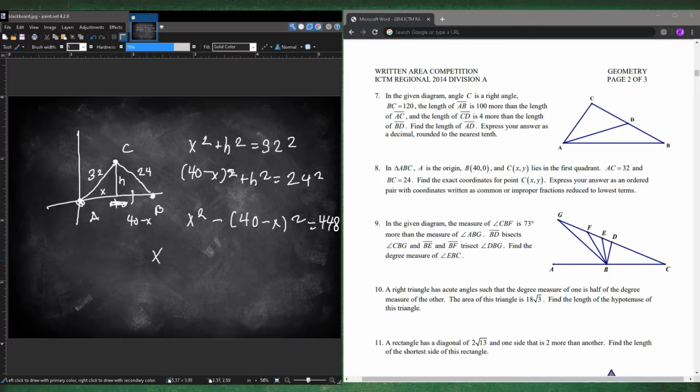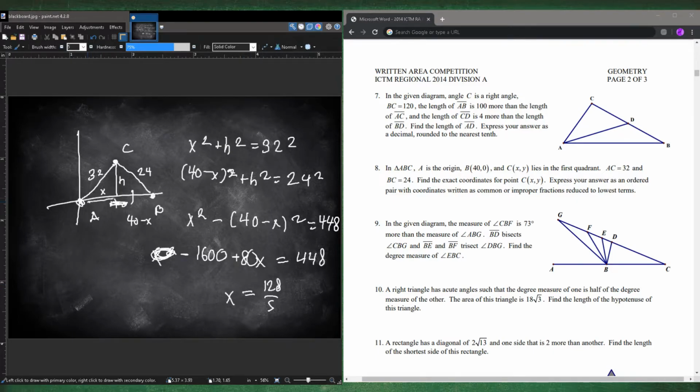So this is x squared minus 40 times 40 is 1600 minus 80, but that's plus 80x because there's a negative right here, and then minus x squared, so this cancels out. It's equal to 448. Now add that together, 448 plus 1600, and then divide by 80, and we get x is equal to 128 over 5.